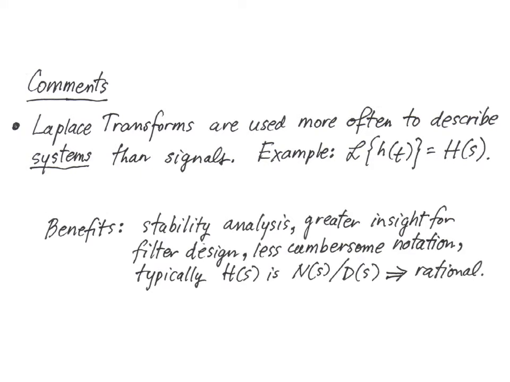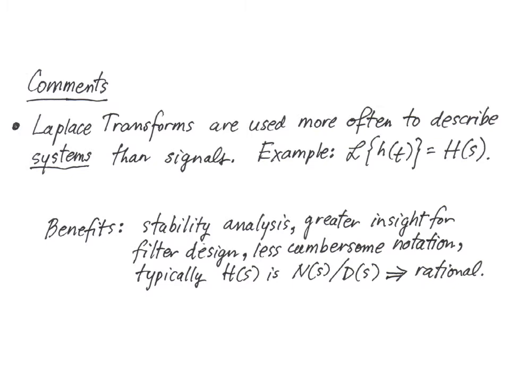So these benefits, this greater insight, are that we may now perform stability analysis of the system, see if it's on the verge of oscillation, or designing it in such a way so that it does not oscillate or does oscillate. We have much more insight as far as filter design.